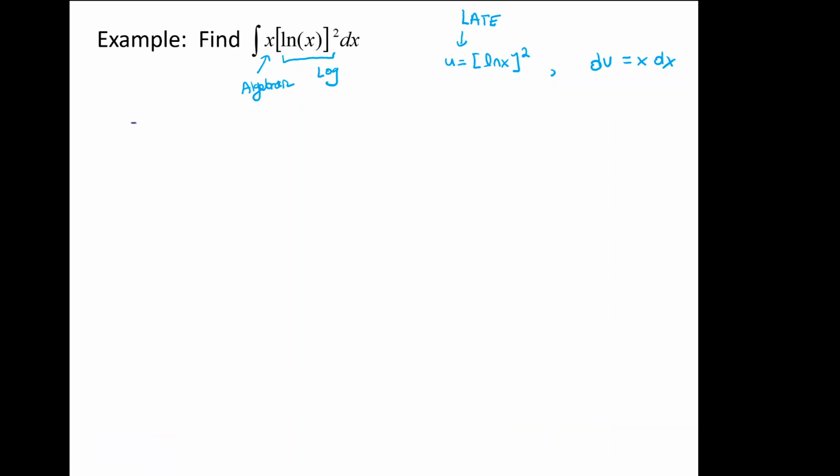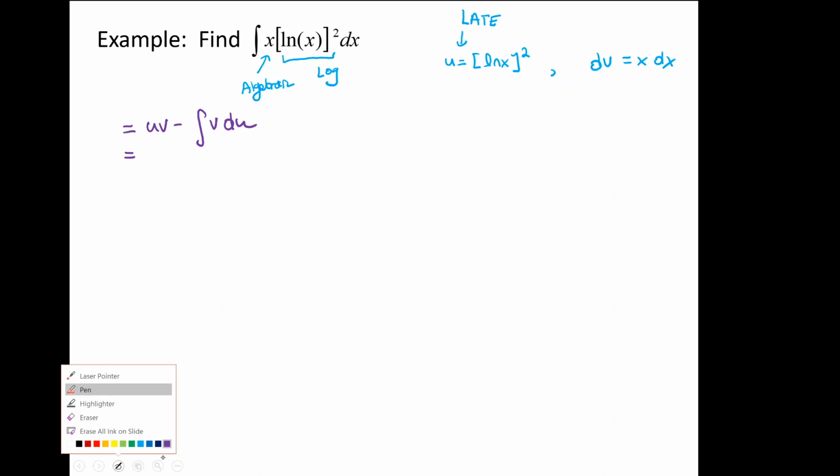So our integration by parts formula says that we're replacing the integral of u dv with uv minus the integral of v du. Okay, we can plug in a few of the pieces. I think I need more space for this one, so I'm going to cram things in.